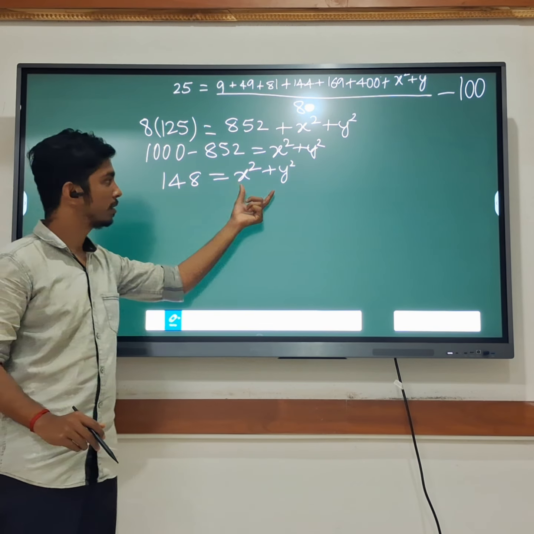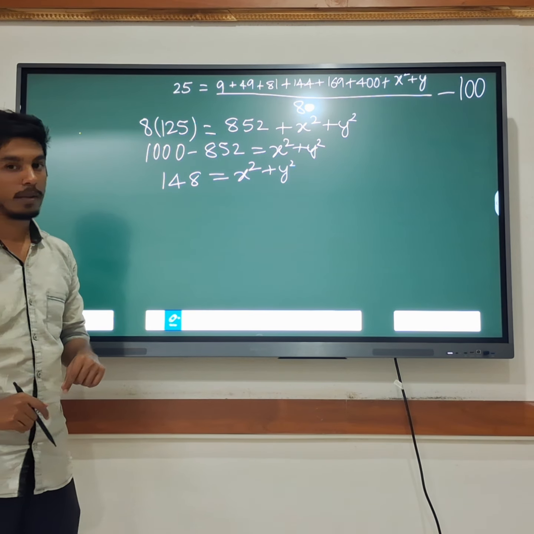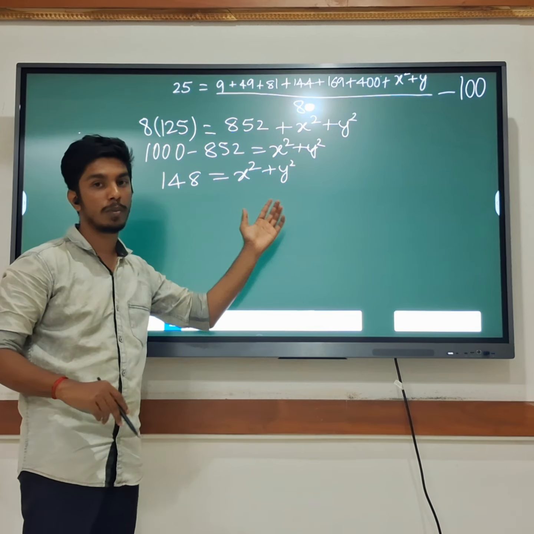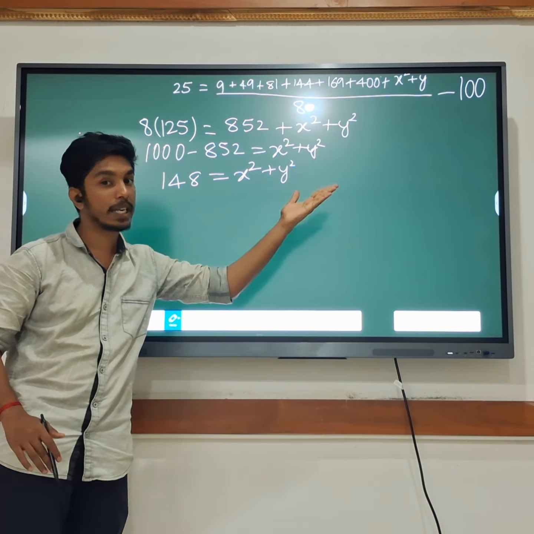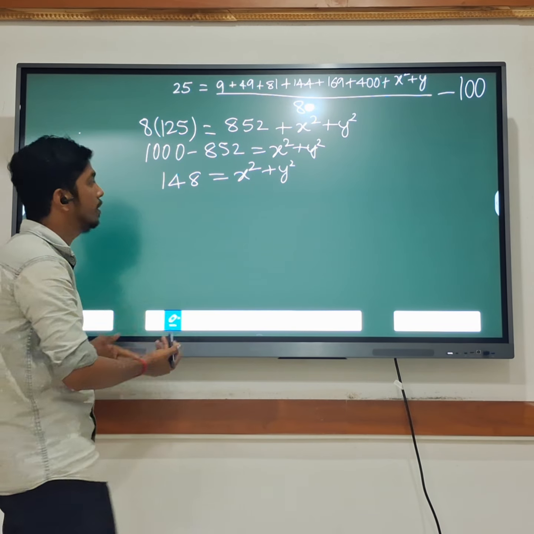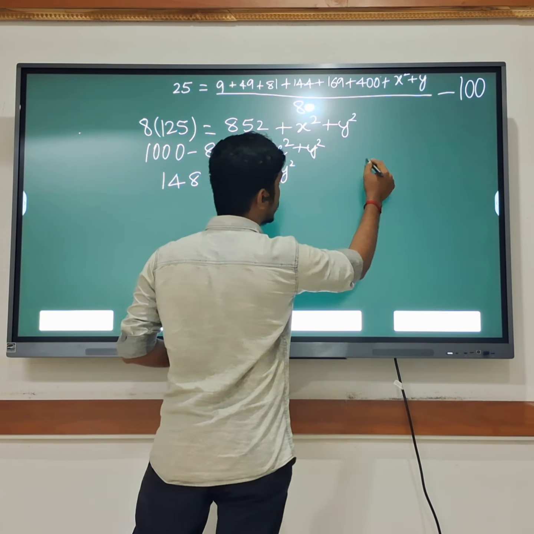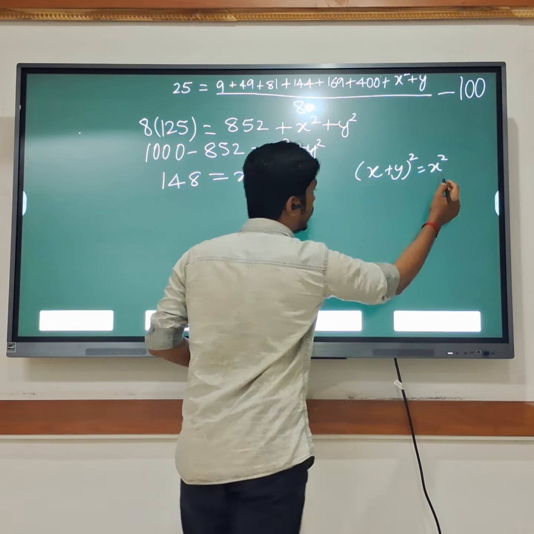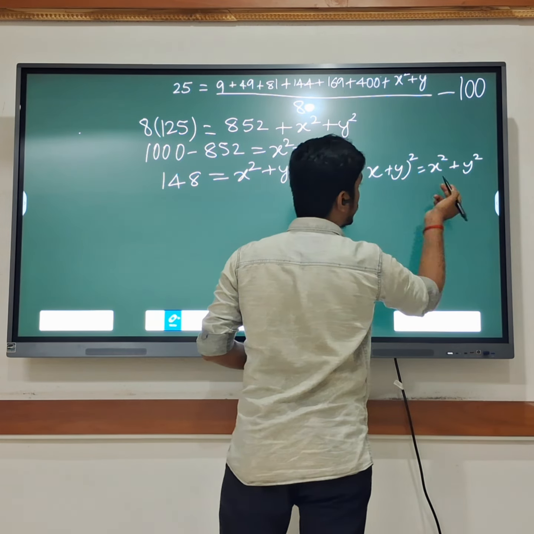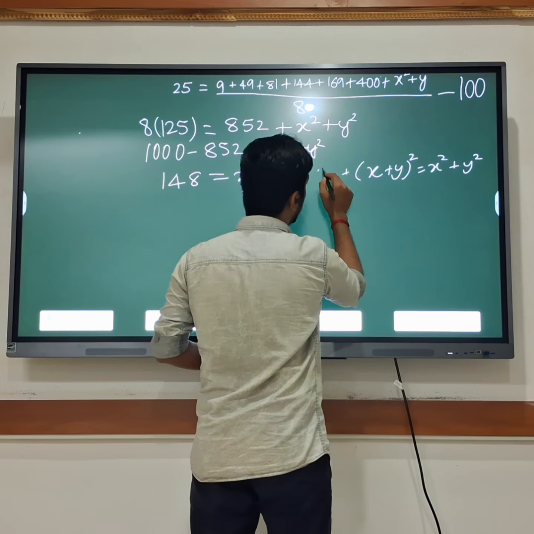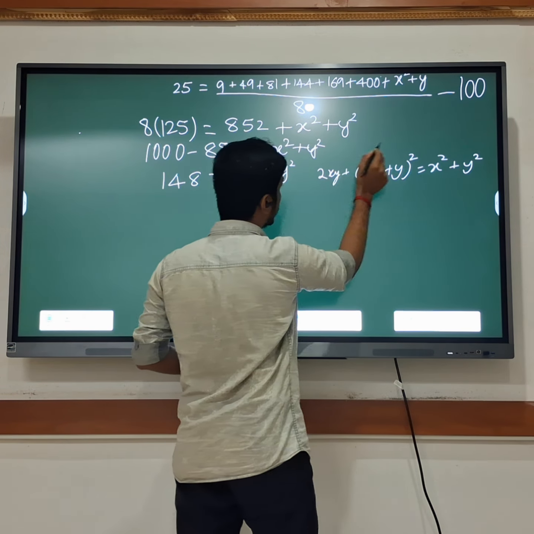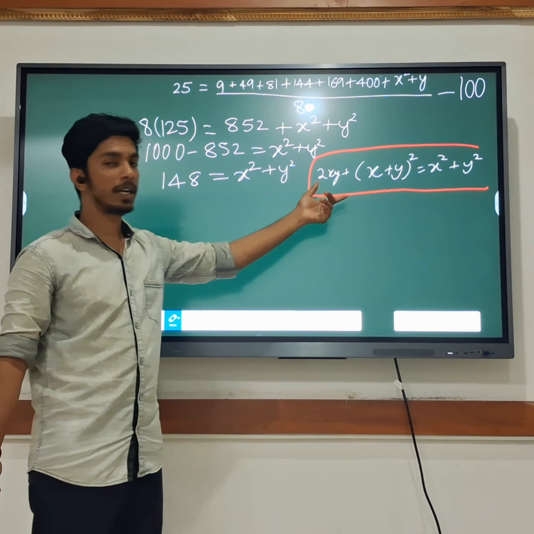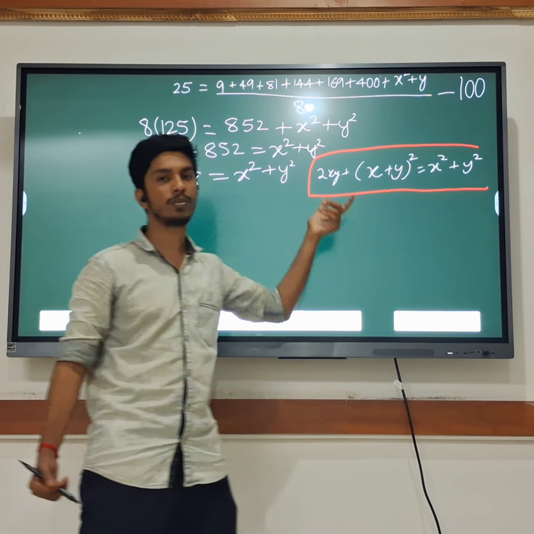Now see this x square plus y square, where we can use the identity a square plus b square plus 2ab, then we will get xy. Similarly, we know the identity x plus y whole square is equal to x square plus y square plus 2xy.